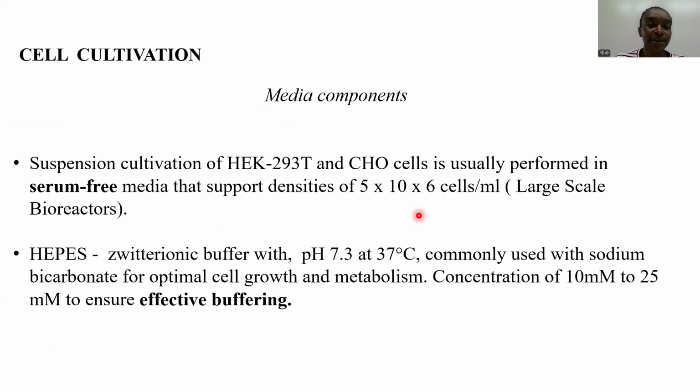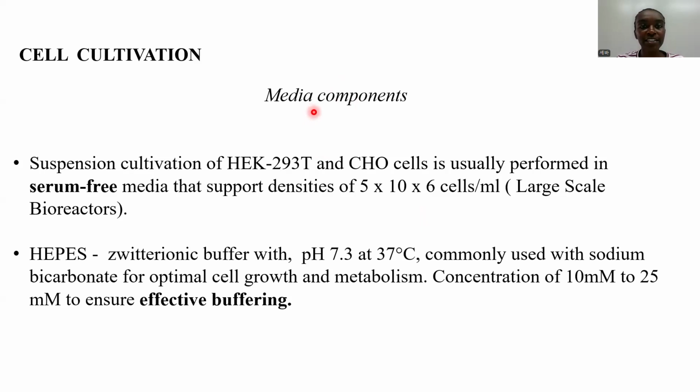So as I mentioned before, when culturing cells in suspension culture for recombinant protein production, the most important aspect is considering the media components and how they affect the yield of whatever gene of interest you want to produce through this platform.